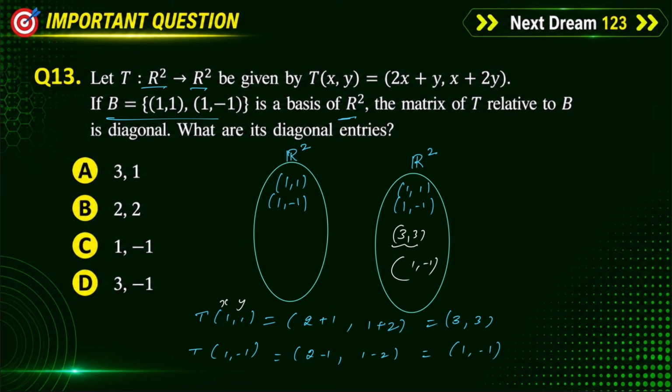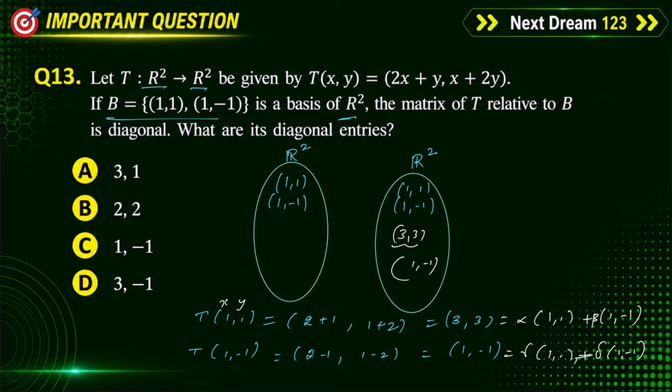This (3, 3) can be written as alpha times the basis (1, 1) plus beta times (1, -1). You should write like this. Next, gamma times (1, 1) plus delta times (1, -1).